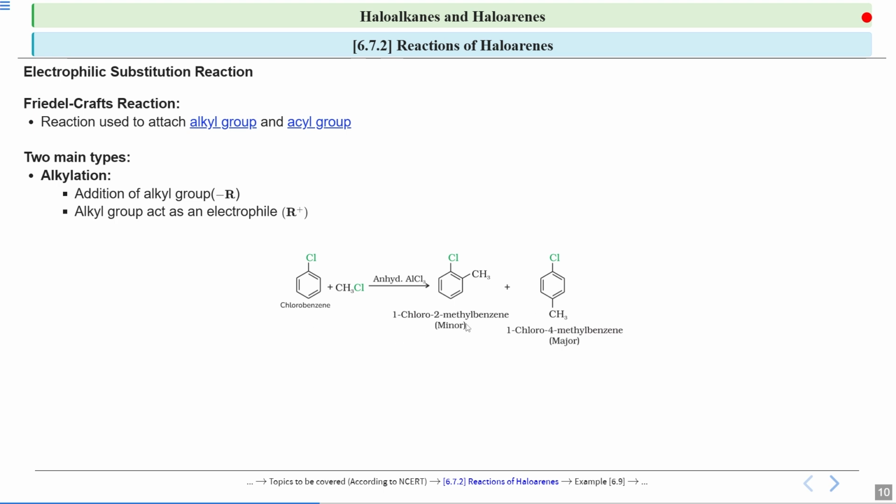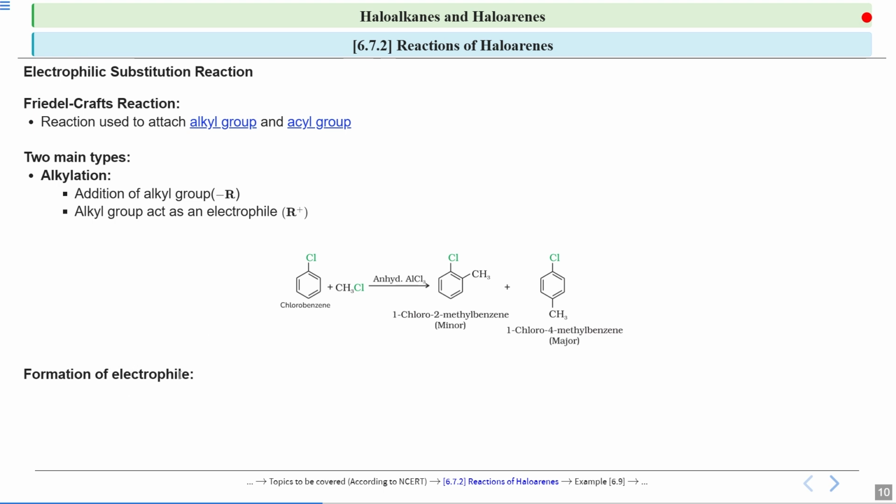As we said, the addition of an alkyl group happens in the alkylation process, where the alkyl group adds onto the benzene ring, and the electrophile is also an alkyl group, R positive. Now, how does the electrophile form in this reaction?